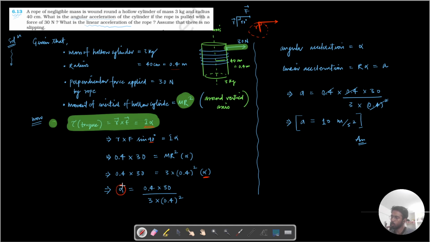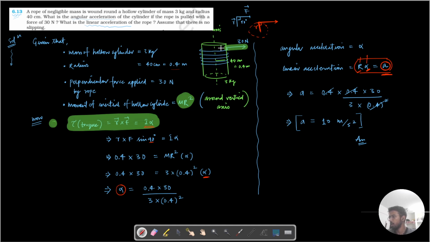Now after calculating the angular acceleration, you can use this formula r alpha is equal to a, where r is the radius, alpha is angular acceleration, and a is the linear acceleration. Here you can put r and alpha and get the linear acceleration, and that is similar for the rope.